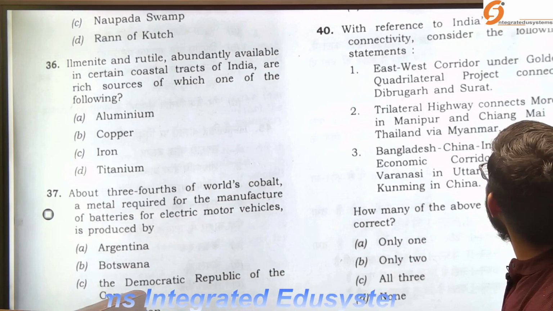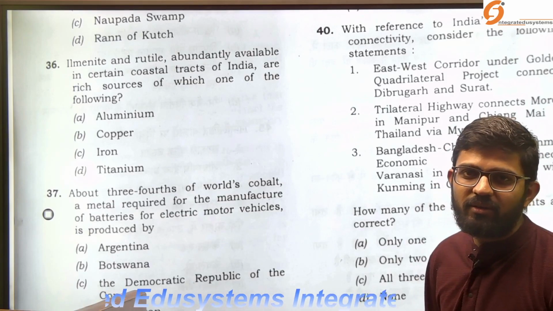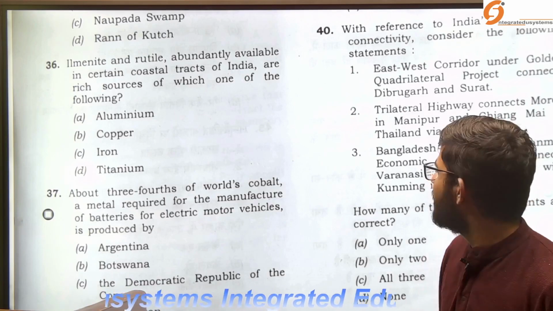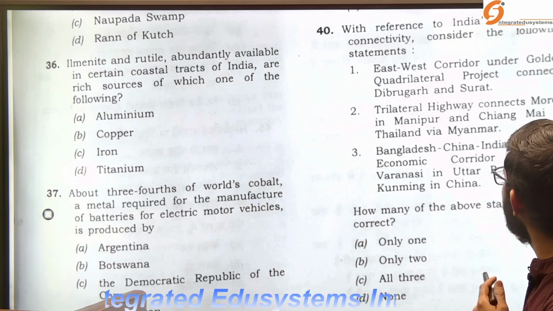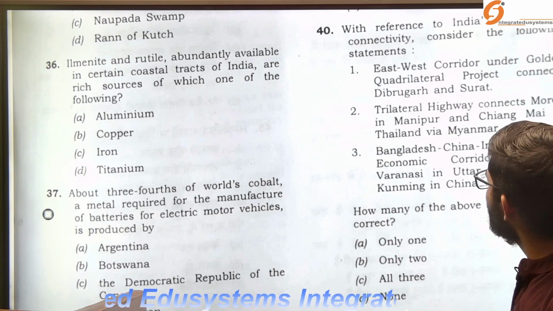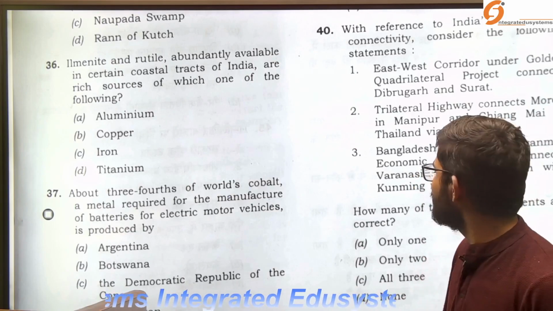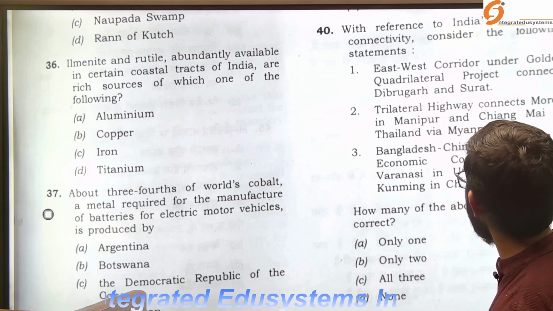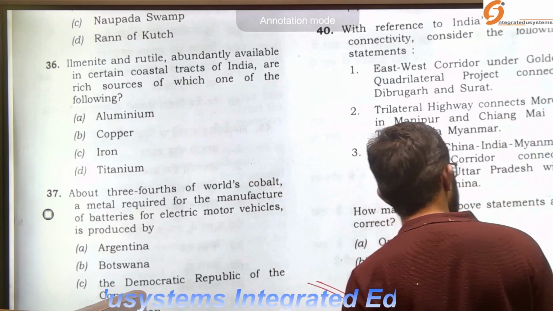The Trilateral highway connects Moreh in Manipur and Chiang Mai in Thailand via Myanmar. We have not reached that level of connectivity yet. The Bangladesh-China-India-Myanmar economic corridor connects Varanasi in Uttar Pradesh with Kunming in China. We have not developed those projects. So the answer was D, only and only D, none.